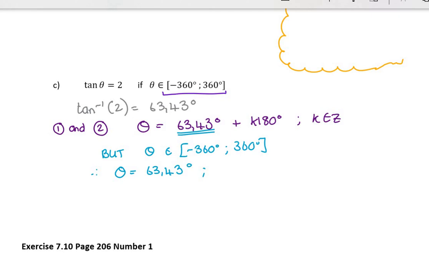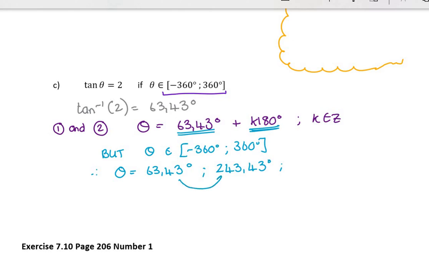The question with tan, my apologies, it says I'm allowed to add 180 degrees. So if I add 180 degrees, I get 243.43. Now that's obviously just the second solution in the first 360, so of course that's acceptable. If I add another 180, I get 423, which is not acceptable. So I stop adding because I'm already out of the given domain.